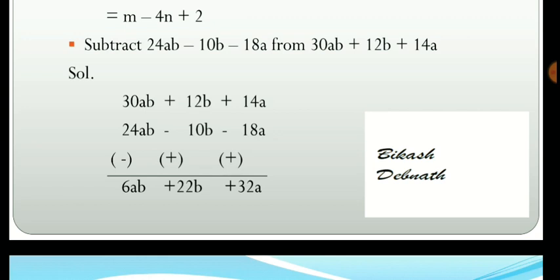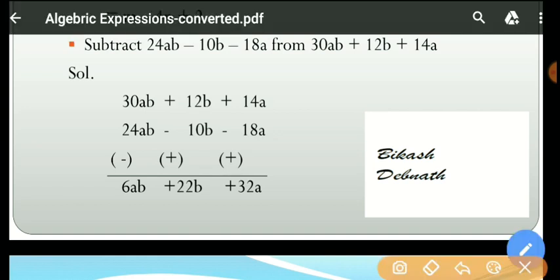Then the most important thing, the sign of the lower line. It is called the subtrahend, I don't know exactly. Whatever. The sign of this lower line, you just need to change. Before this 24ab, what sign is there?